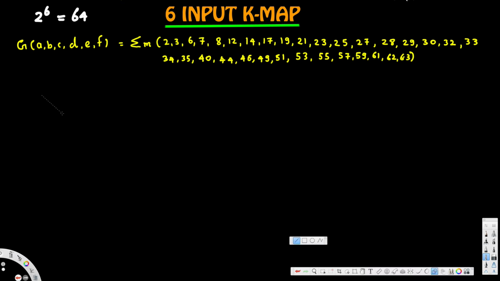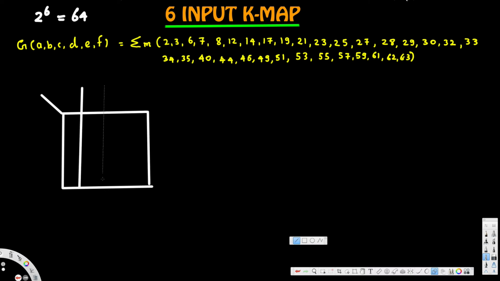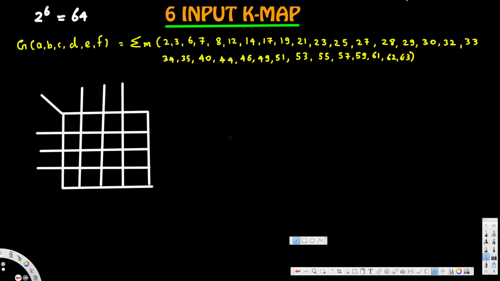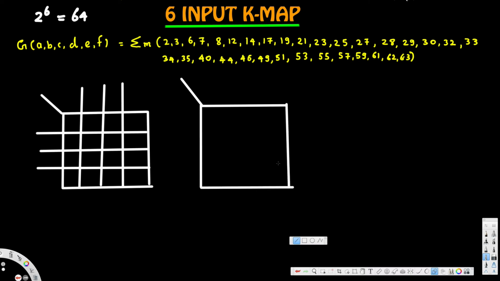So since we need 4 tables, let's go ahead and draw the 4 tables. Okay, this is my first table, and then we are going to have another table, like this.